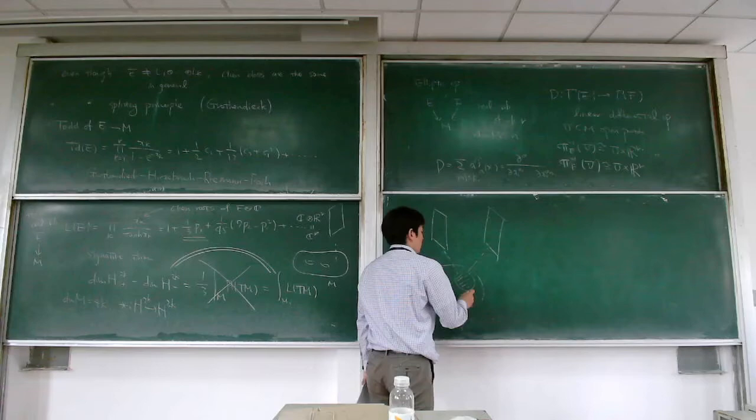For instance, the Laplacian is of elliptic type. The Laplacian is given by a sum over i equals 1, 2, and so on. For instance, it's given by this one. The signature of this Laplacian D is indeed equal to.